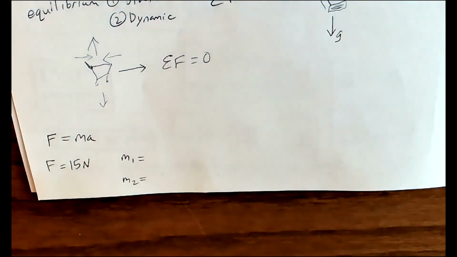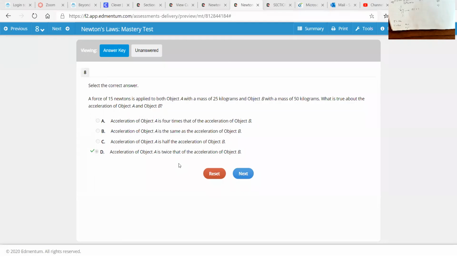Let's see if I can. So we'll say mass A, mass B, make it a little more clear. So mass A has 25 kilograms. Mass B has 50 kilograms. And then we're looking for the acceleration.